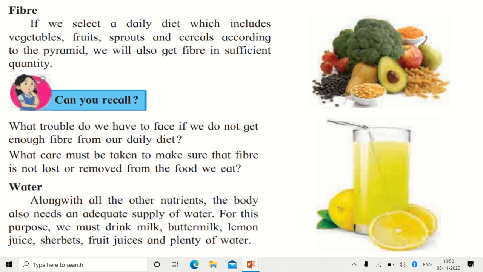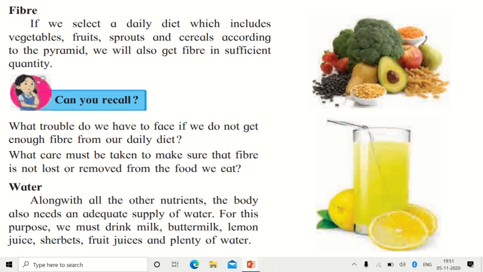We should have an adequate supply of water because water is essential to run all the functions of the body. Our cells, by which our body is made up, require water.